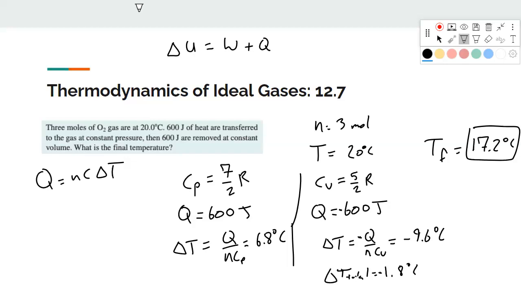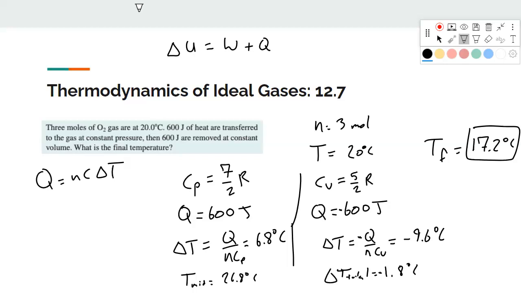Yes. How did you get the final temperature? Yes. So basically, when we add 600 joules of heat, we increase the temperature by 6.8 degrees Celsius. So at this step, the sort of midway temperature would be 26.8 degrees Celsius, if I did my addition and subtraction right. And then in the second step, we take 600 joules away, but now we're doing that at a constant volume.